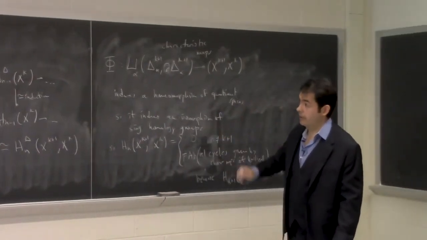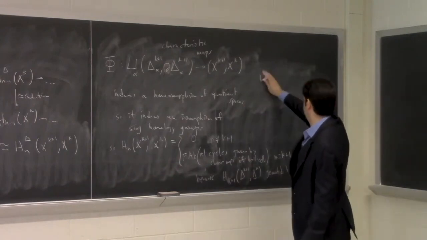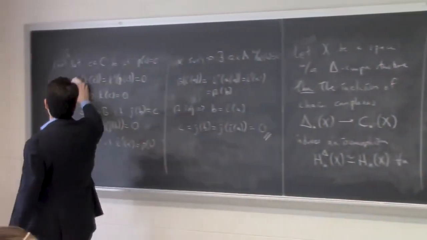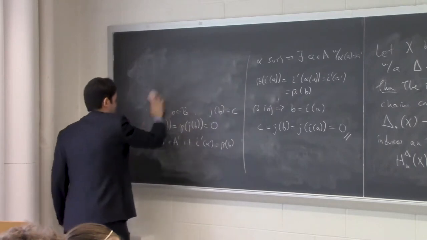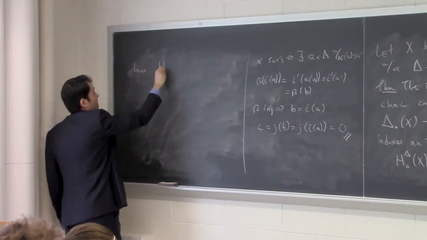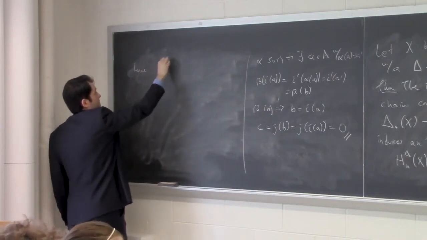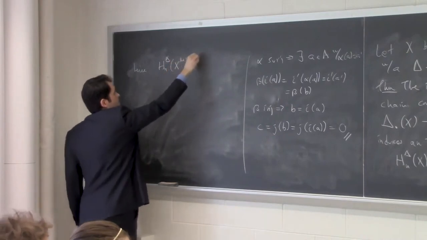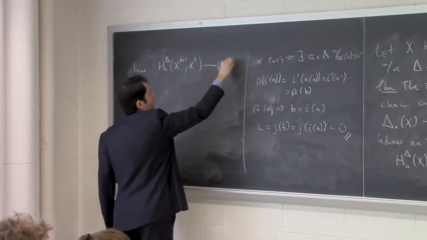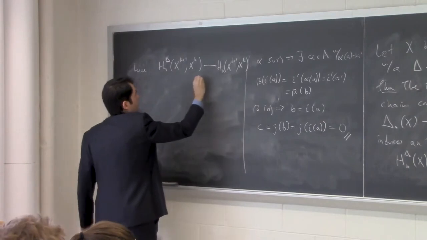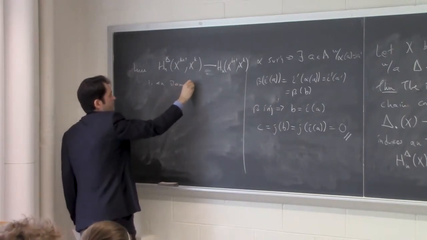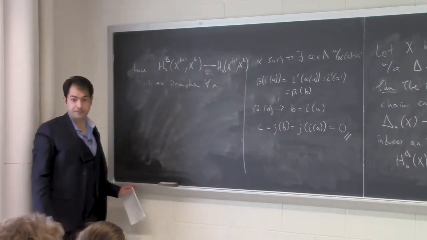So these maps are isomorphisms, for every n.